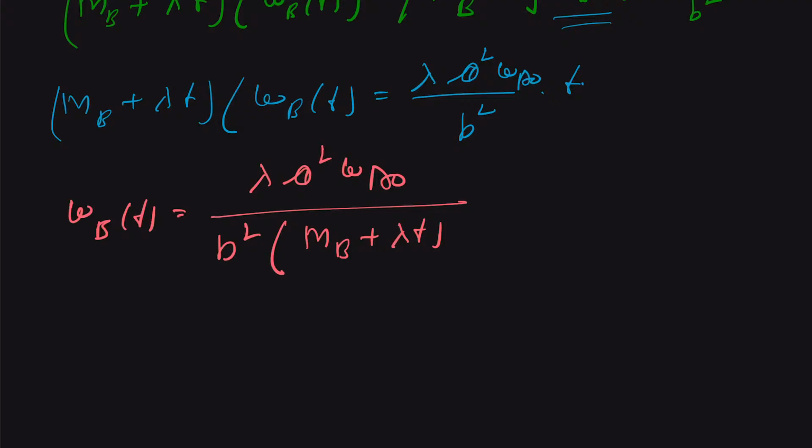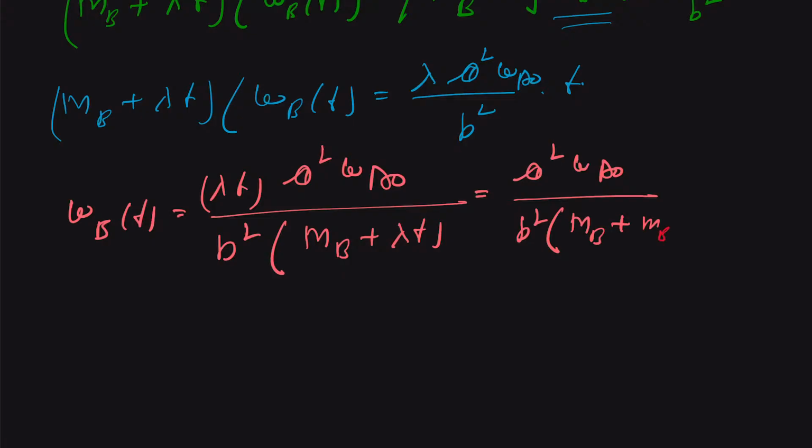This T we can combine here with lambda T, because we know that our lambda T is nothing but mb of T, so we get this as A square omega A naught B square mb, and we can write this as small mb of T, and this is also equal to mb of T. So this is our velocity of our B, which we are supposed to find out.